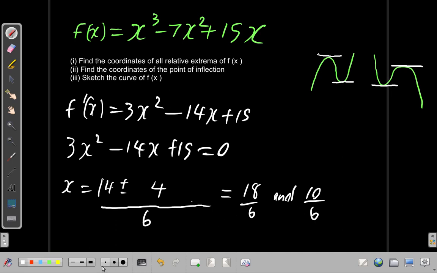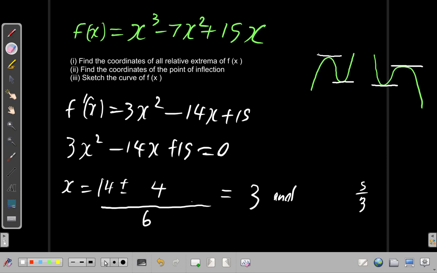Let's put these in decimal form. 18 over 6, that's 3. And 10 over 6, which is the same as 5 thirds. 5 thirds is going to be 1 and 2 thirds, which is 1.667.